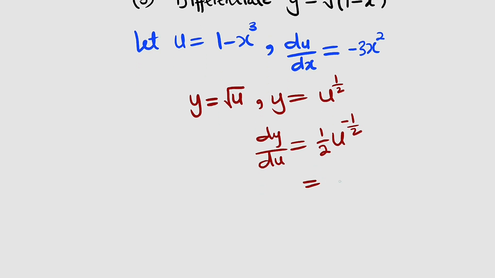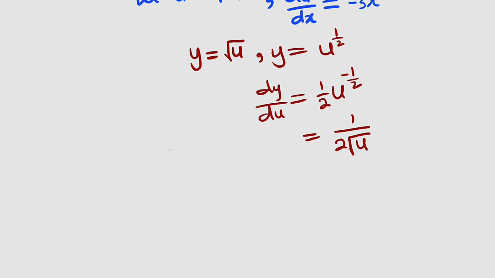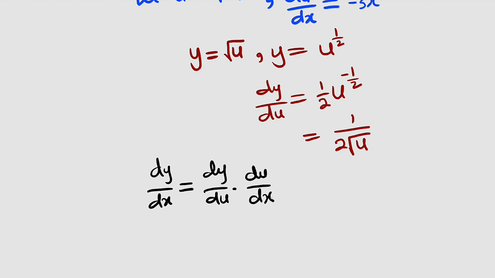This is the same thing as saying 1 divided by 2 multiplied by the square root of u. Remember, we are looking for dy over dx, so let's do it here. dy over dx is equal to dy over du multiplied by du over dx. So let's substitute dy over du, you can see it here.